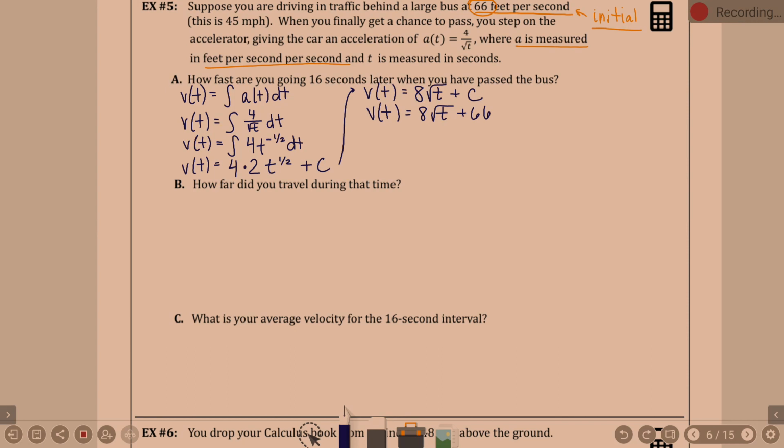What are we supposed to be doing? How fast are you going 16 seconds later? So V of 16.